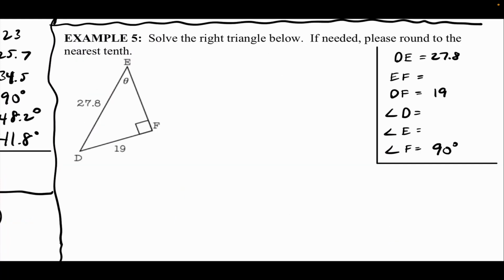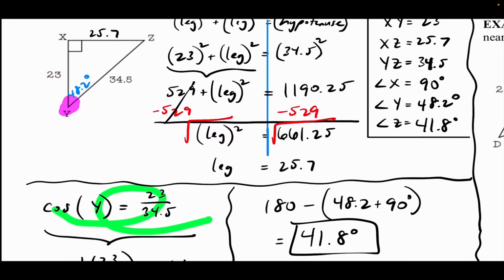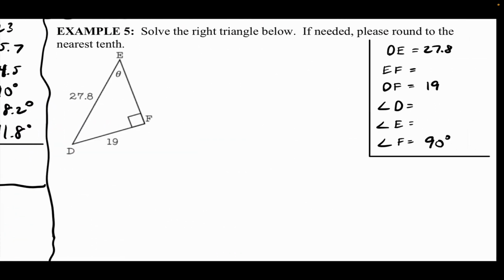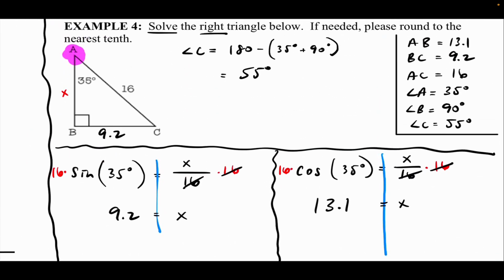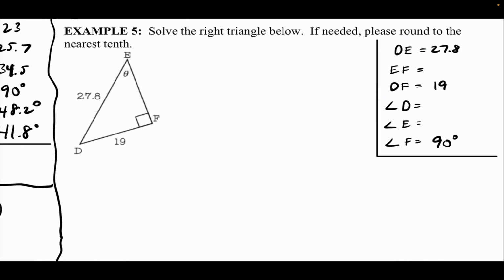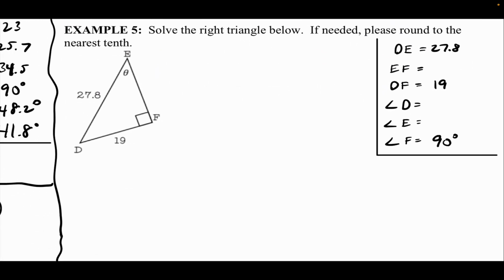So I have 2 sides and 1 angle. That's kind of like the one we did for number 3. Number 3, they gave us 2 sides and 1 angle. Number 4, they gave us 2 angles and 1 side. So to find the third side, Pythagorean theorem.